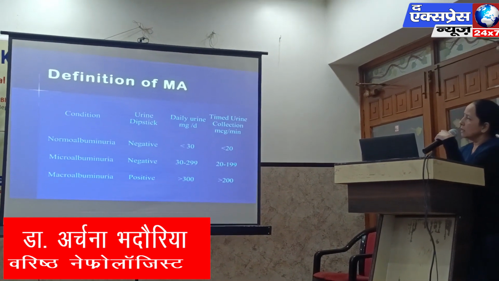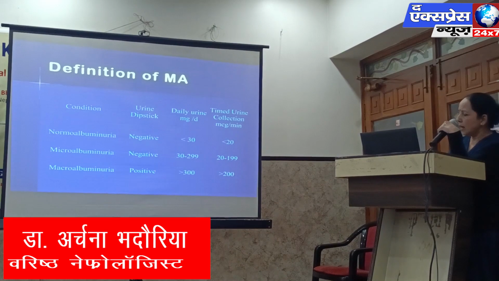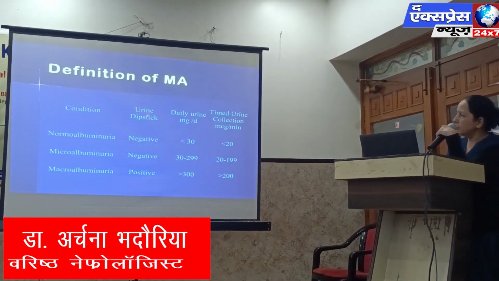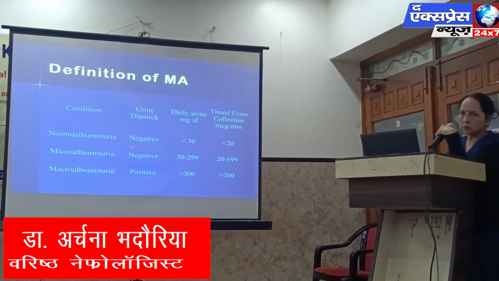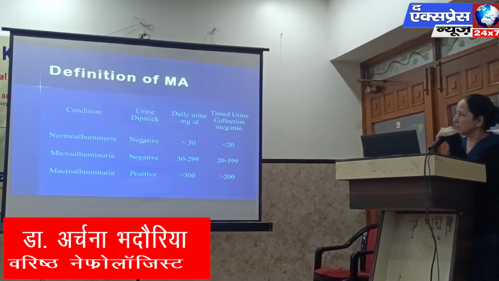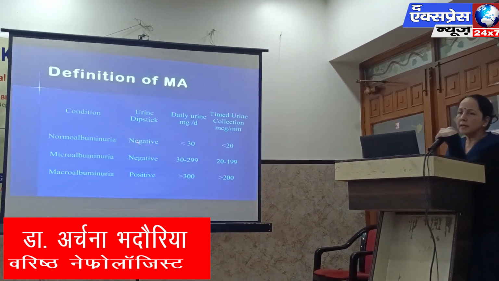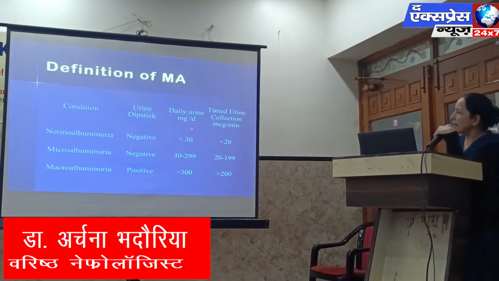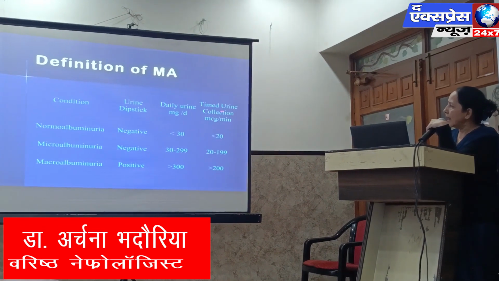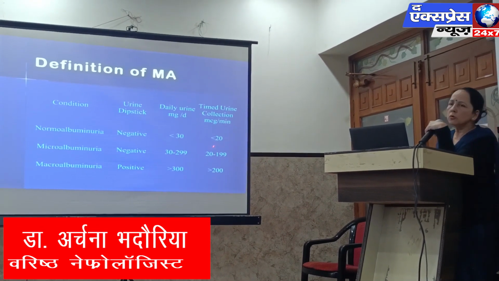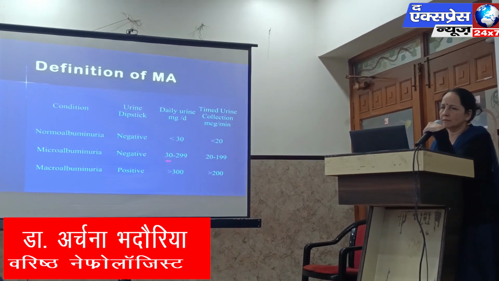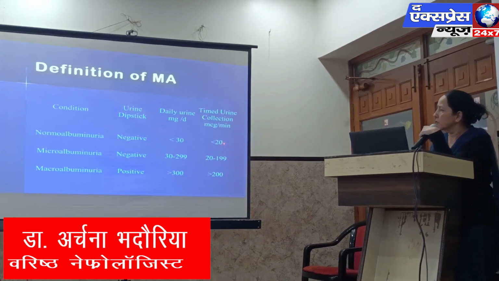So now, in normal albuminuria, the report says if we are using dipstick, it will be negative, like it will be blue in color. Daily urine milligram would be less than 30, and time collection you can do whenever we have to differentiate between orthostatic hypotension, orthostatic proteinuria.